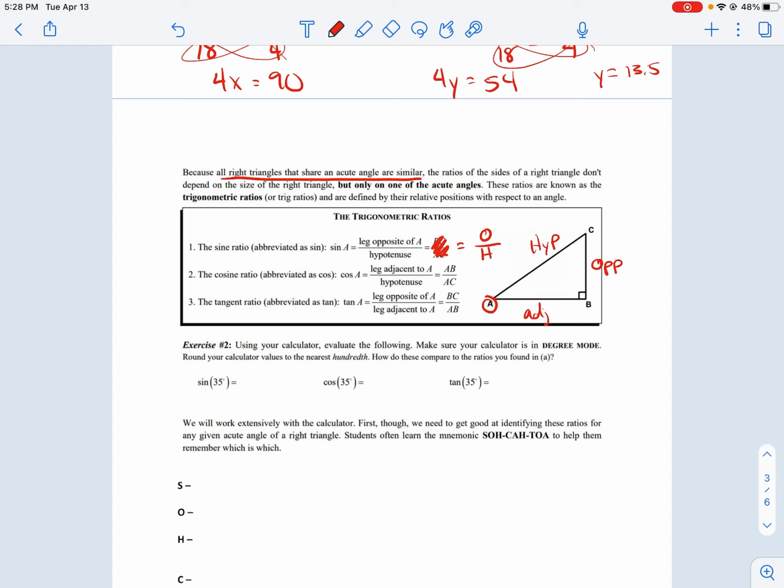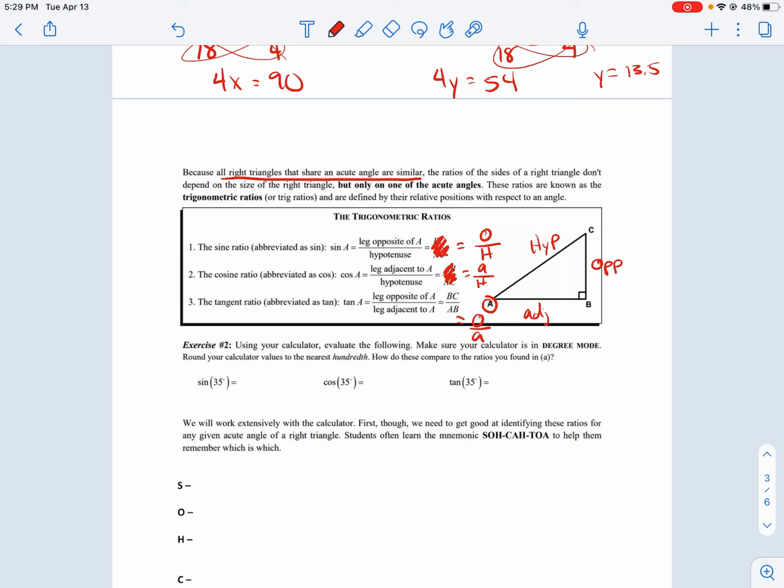So that's where they're coming up with these things. So the next one is the leg adjacent over the hypotenuse, so this one's going to be A over H. And this one down here is going to be O over A, sorry. Whoops.